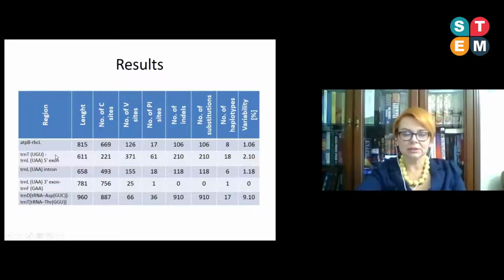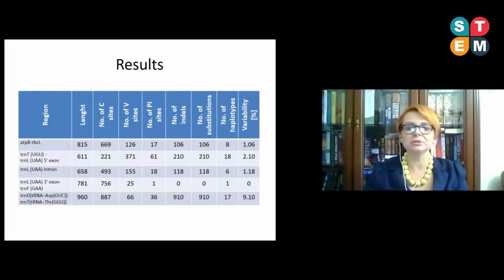Two regions, TRNT-L and TRND-T, which are between tRNA genes, showed variation at both the species and subspecies level, while two other regions were variable only at the interspecific level.